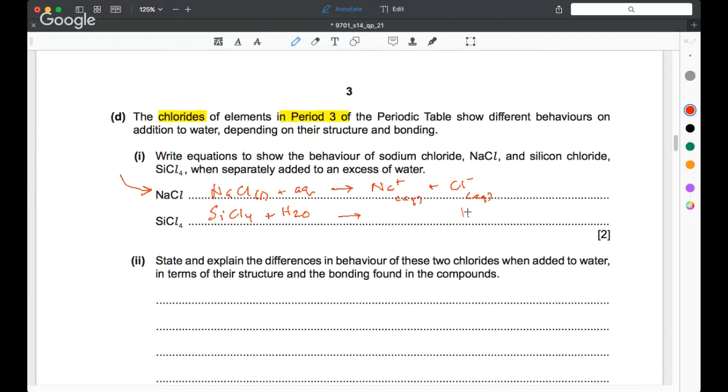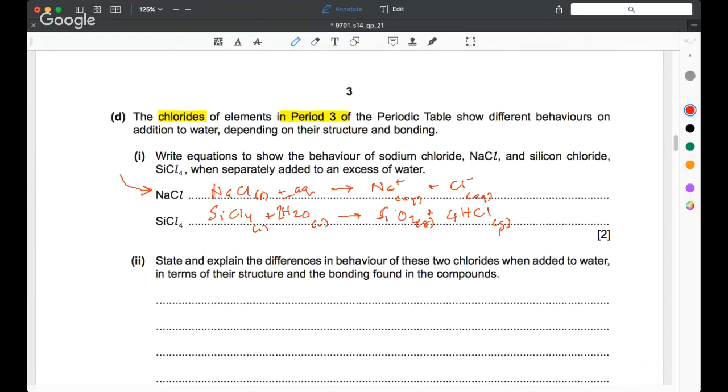Now, those fumes are hydrogen chloride gas, and so if you balance this all up, you end up with silicon dioxide there, and the hydrogen chloride gas, which is being produced. And you've got to have a stoichiometry there, haven't you? That all balances up. So that's a liquid, that's a liquid, that's a solid, and that's a gas.